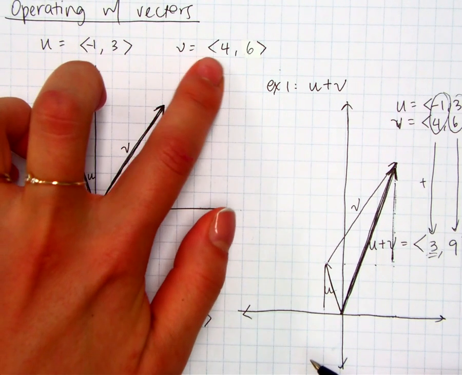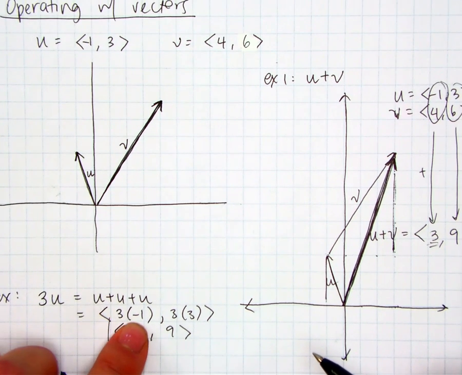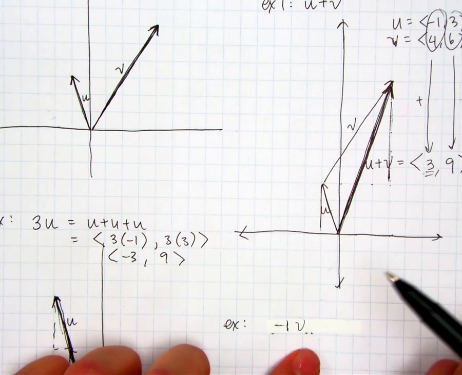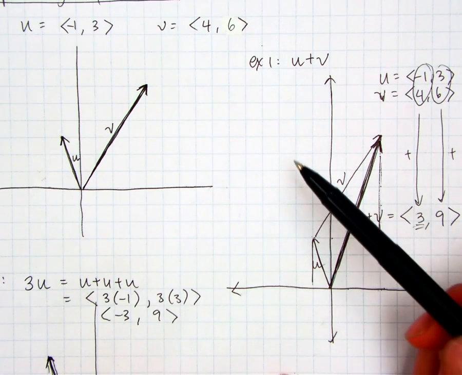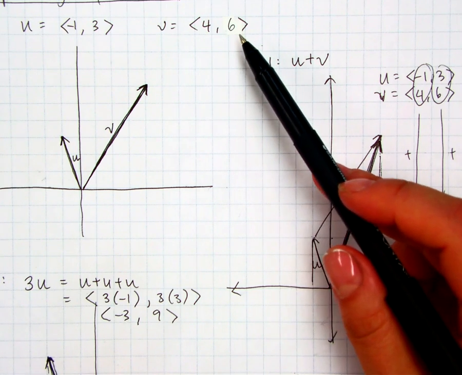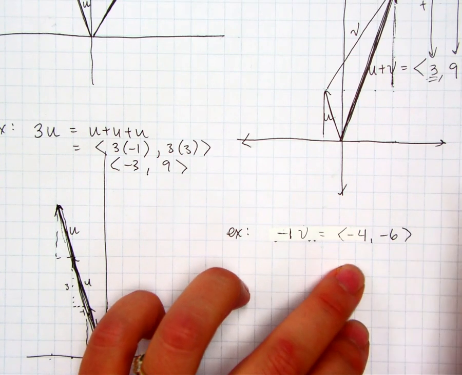Now if I multiply this by -1, in the same way I multiply by 3, I just have to distribute that 3. I'm tripling up the x value, tripling up the y value. If I negate v, I'm basically going to take the x value and negate it, and the y value and negate it. So this is going to give me -4, -6.